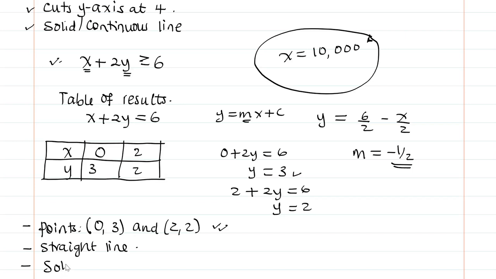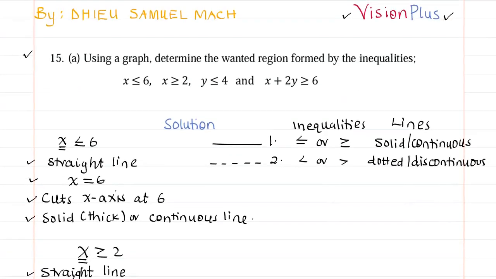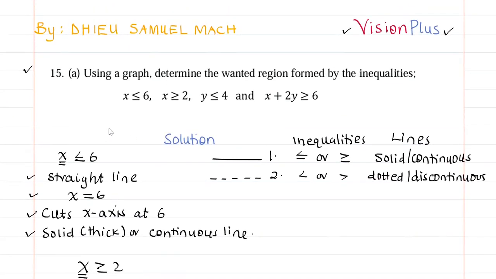So it is a solid line or continuous line. Choose one and get yourself familiar with it. So this is the overall analysis of the inequalities that we were given in number 15a that we need to represent on a graph. So let us now go to the graph.